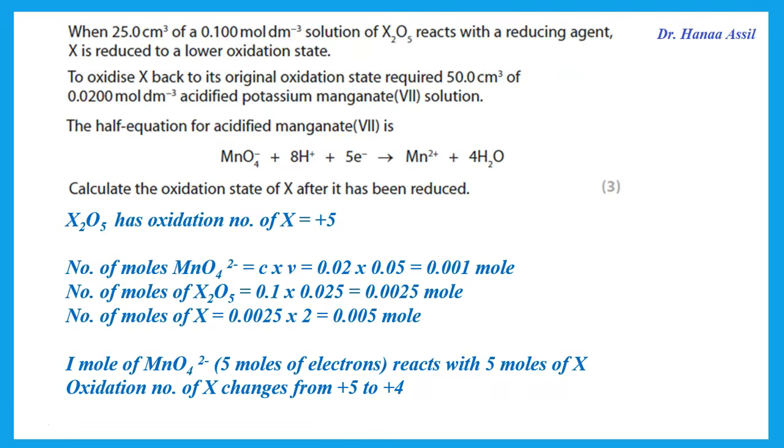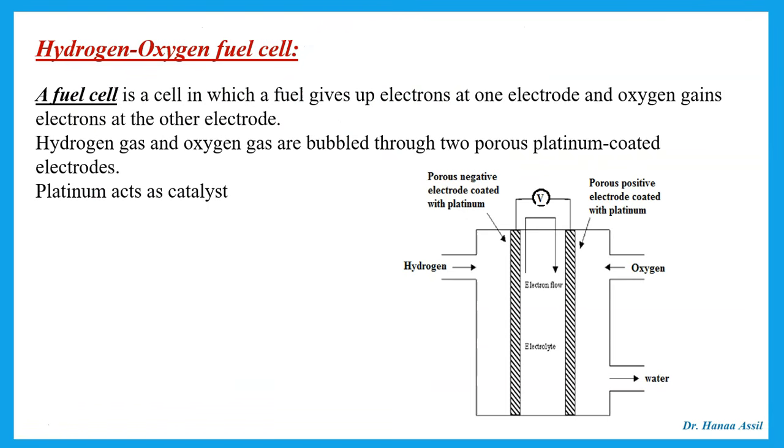Okay, then we need to know about the hydrogen-oxygen fuel cell. Of course, we know that this involves hydrogen gas and oxygen gas. These react to form water, and this causes the transfer of electrons that cause an electric current.